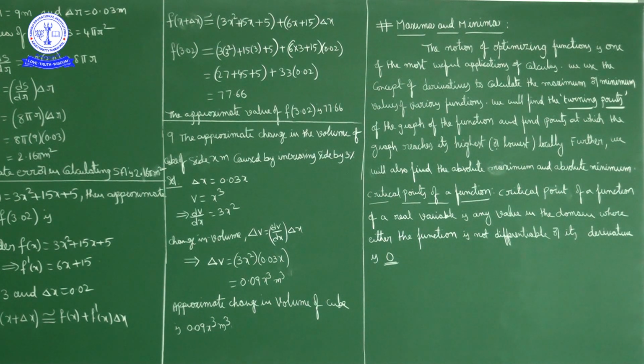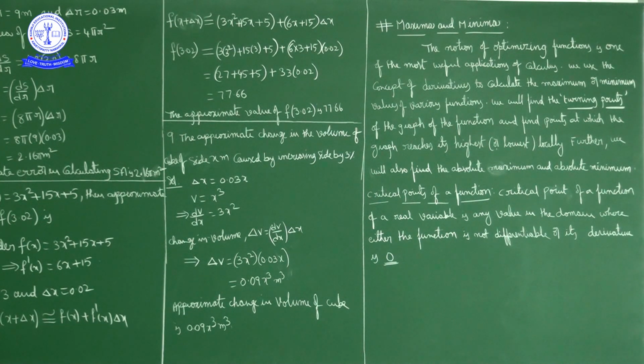Like that, here we will find the maximum value and the minimum value of a function, and at what points the maximum value and minimum value exist. Apart from this, we will discuss absolute maximum and absolute minimum also. What is local minimum, local maximum, what is absolute minimum and absolute maximum, further we will discuss all these concepts.